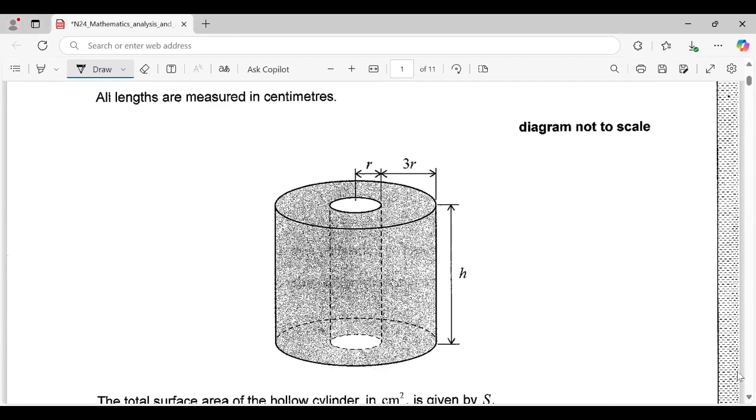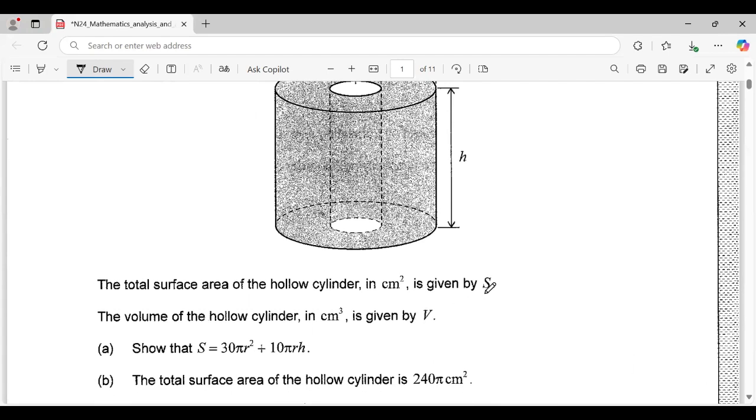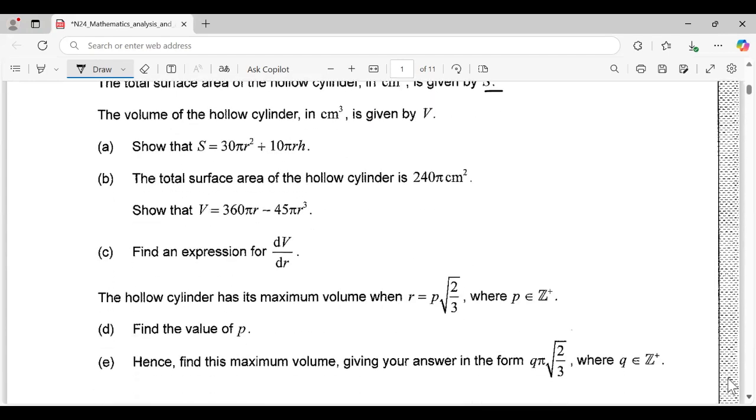All lengths are measured in centimeters. The total surface area of the hollow cylinder in centimeters squared is given by S. The volume of the hollow cylinder in centimeters cubed is given by V. Show that S equals 30 pi r squared plus 10 pi r h.